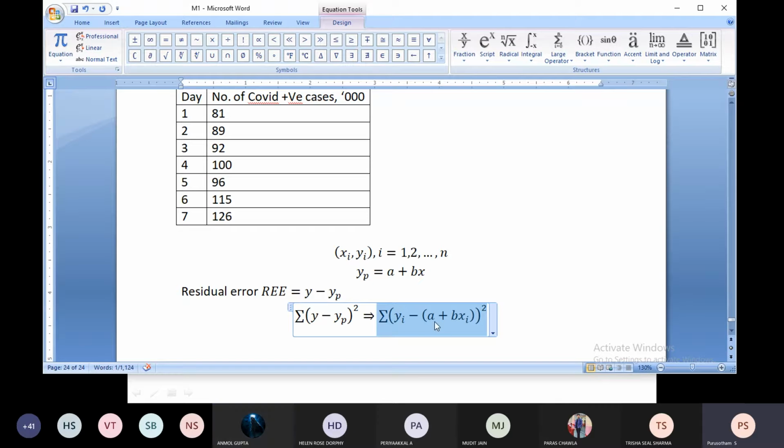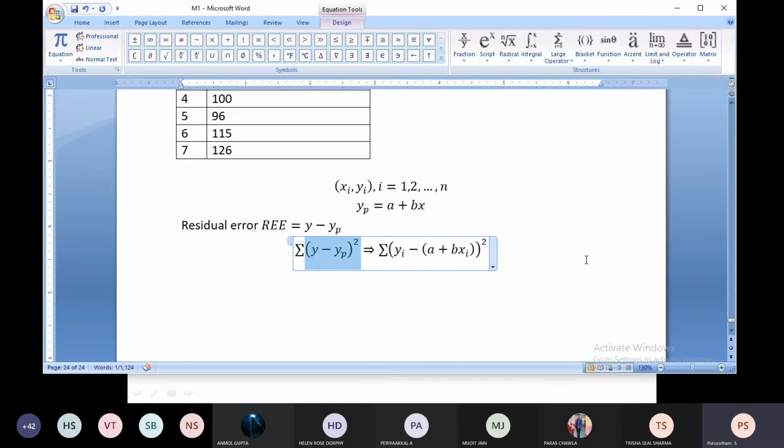So if you know the exact values of A and B which satisfy this relationship, then this yp you can use for your estimation or forecasting purpose. Then how do we estimate the values of A and B with the help of the given tabulated points is what matters, and that too the sum of the squares of the deviations should be reasonably less.